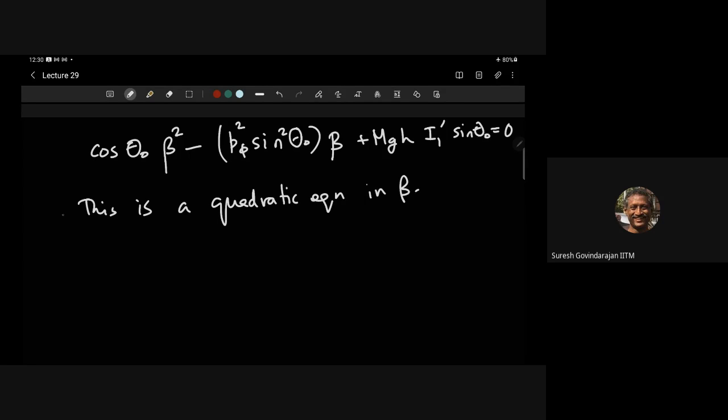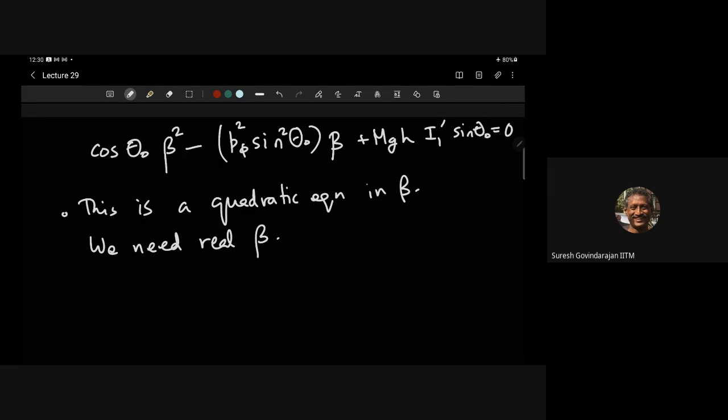Of course you can say it depends on theta naught, but it also depends on p psi and p phi. Everything depends on all these things, right? But it doesn't matter. You look at this quadratic, and we expect we need real beta.